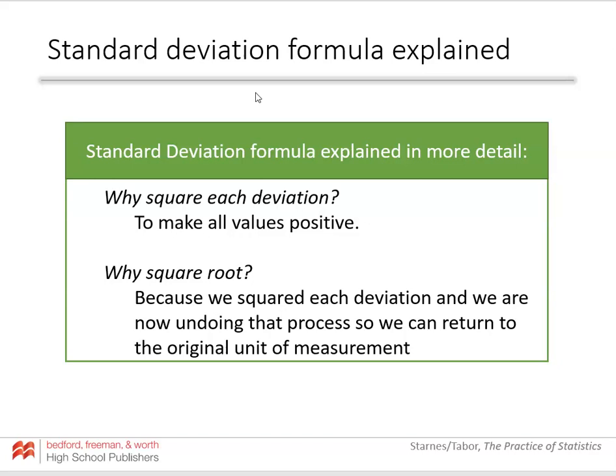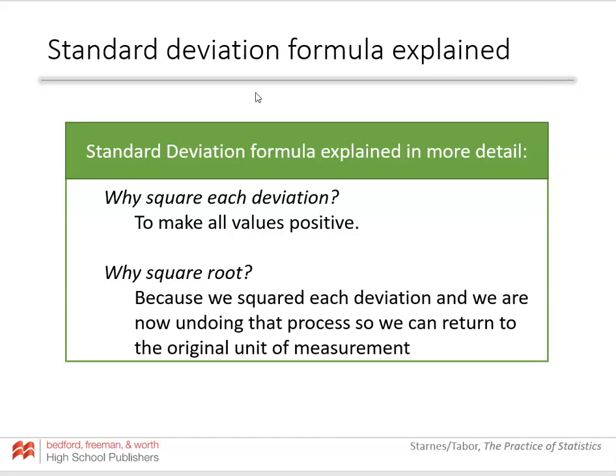So we're talking about the population and sample standard deviations here, and then I'll talk about more just the sample one in a bit. The reason that we square each deviation, and by deviation I mean each data value subtracted from the mean, is that we want to make them all positive. If we didn't do that, when you added them all, since some are negative and some are positive, it would sum up to 0. So we want to square it to make everything positive.